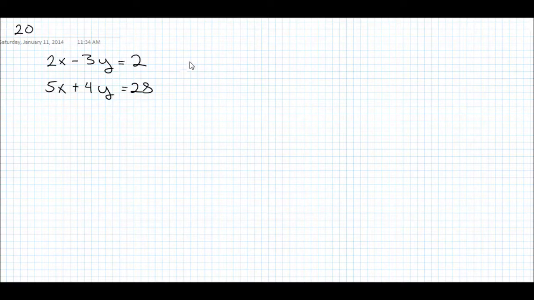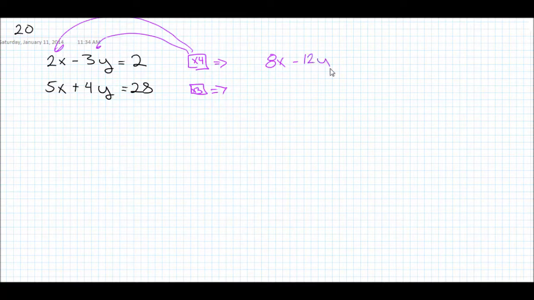I'm going to multiply the top one by 4 and the bottom one by 3. So let's rewrite these equations. Going to multiply the top one by 4. So to follow along, 4 times 2x is 8x. 4 times negative 3y is negative 12y.